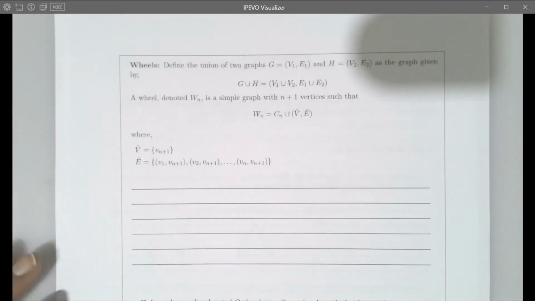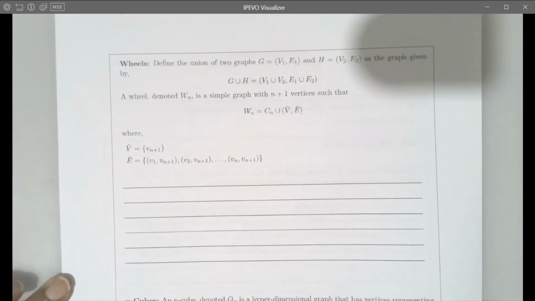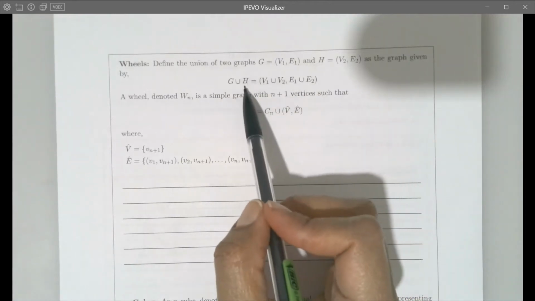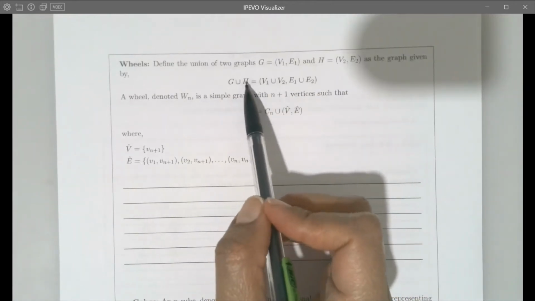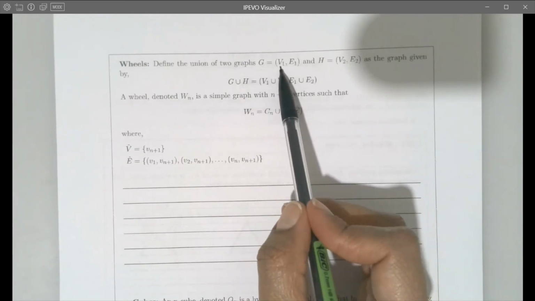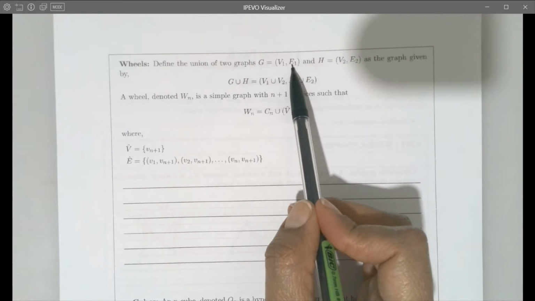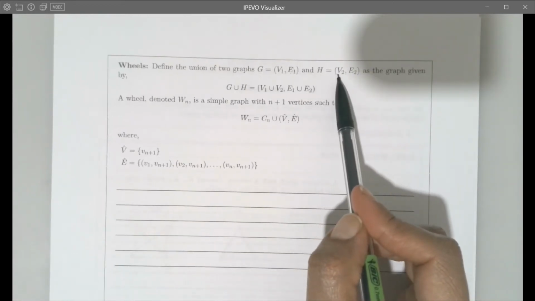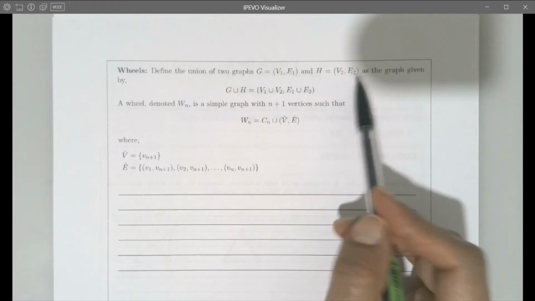Now wheels are related to cycles, but before we consider how, let's look at this definition for the union of two graphs. Okay, so let's say that G is a graph that consists of vertices V1 and edges E1, and H is another graph that consists of vertices V2 and edges E2.